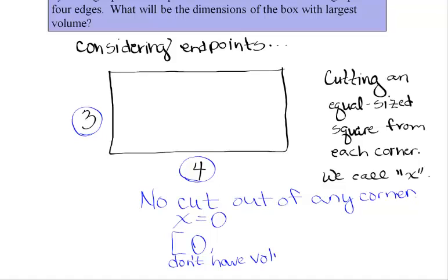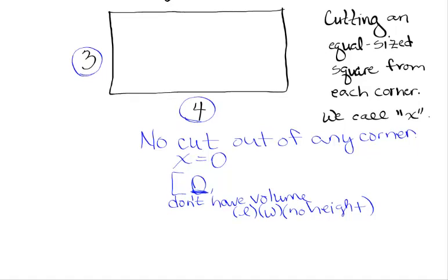See if you can follow me through with this. What I have is length times width, but I have no height. But the minute I have any measurable value for x, I do have volume. And it could be max volume.